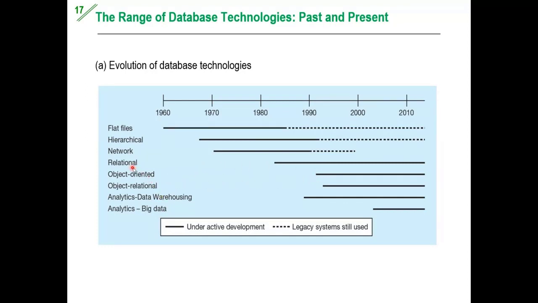Then people realized there is a hybrid way of keeping databases, a mixture of relational and object-oriented. These technologies keep evolving, but nowadays big data is one of the most important things because, as I mentioned before, most devices are becoming more intelligent, right?